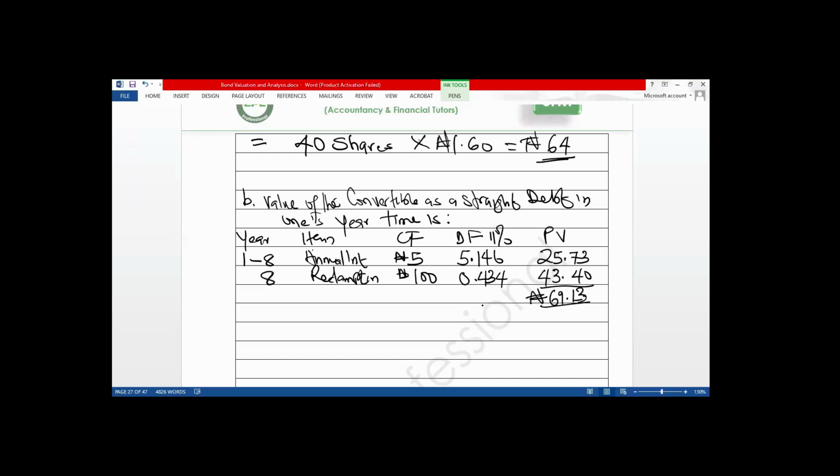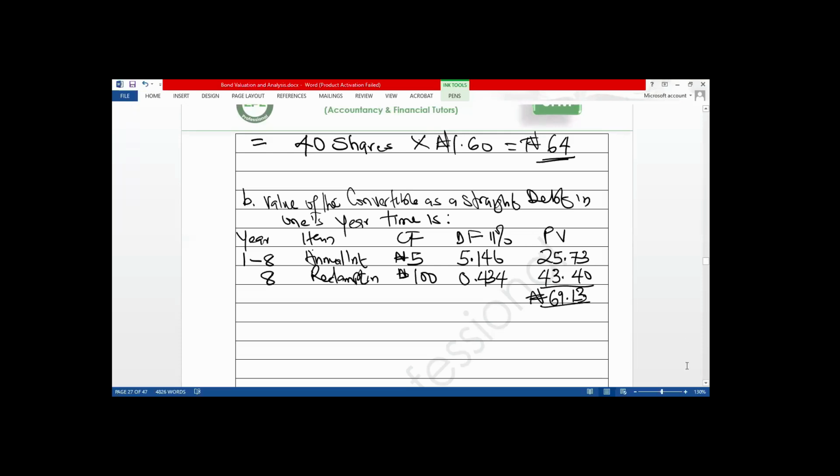For you to be motivated to convert the debt to equity, the equity must offer you a value that is equal to or greater than 69 naira 13 kobo. Does that make sense to us? Yes, sir. Please, you must try to find a way, or better still, God will give us a better understanding.